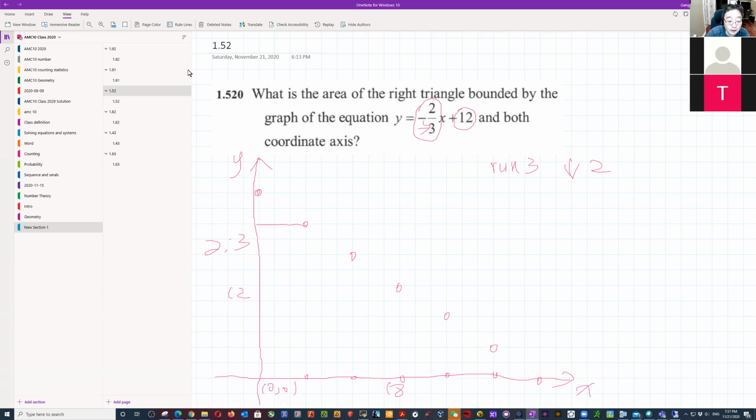So the area of the right triangle is 12 multiplied by 18 divided by 2. And we can cancel one of them out. 6 multiplied by 18 is 108. So that's the area. I didn't check the answer. If I did anything wrong, just let me know.